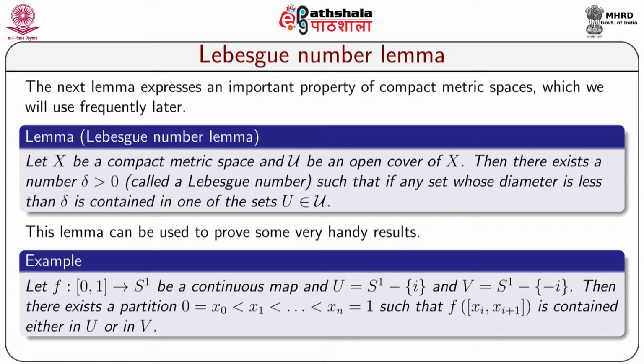Then every subinterval has diameter less than delta, so every subinterval is contained either in f inverse U or f inverse V. That means the image of every subinterval under f is contained either in U or in V.